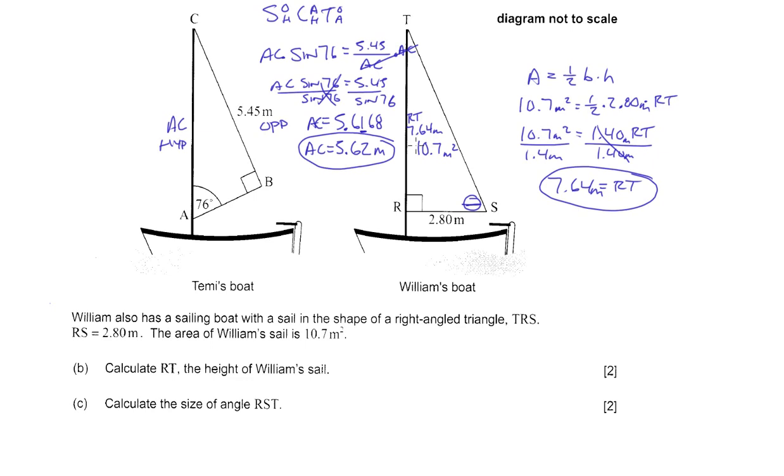So this side here is the opposite of that angle, and this side here that we have is the adjacent, right? So if we've got opposite and adjacent, that is from SOHCAHTOA up here, that's the tangent, right? So tangent of the angle is opposite, which is 7.64 meters, over adjacent, which is 2.80 meters.